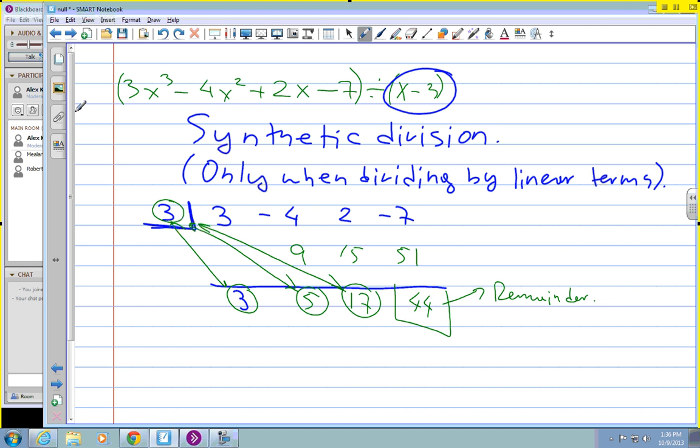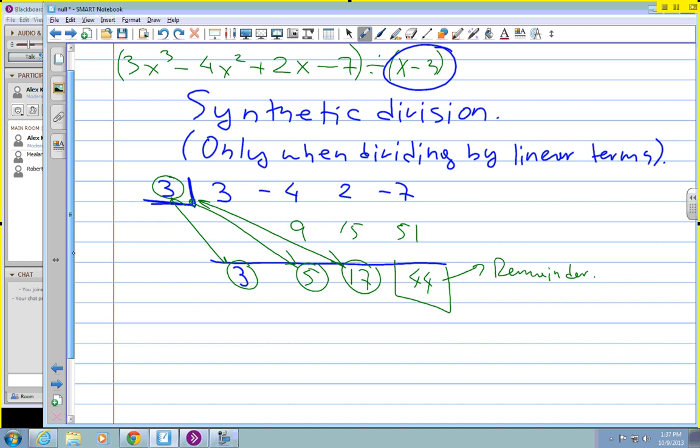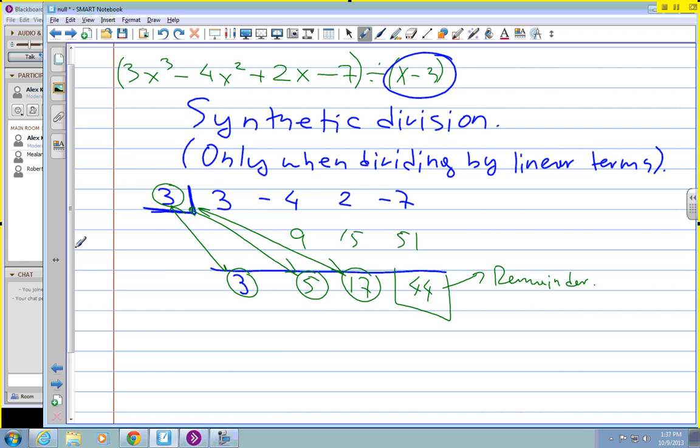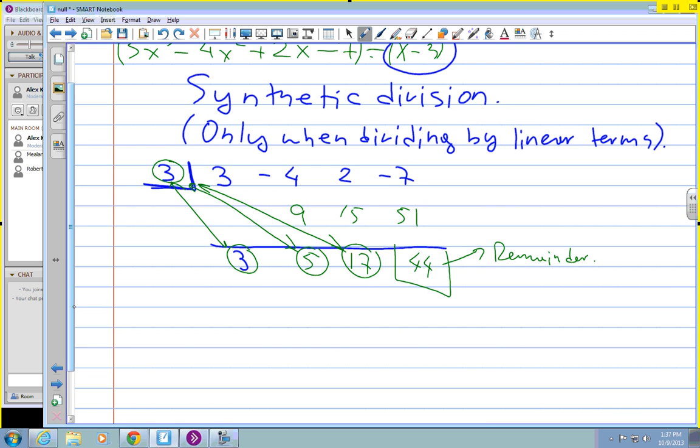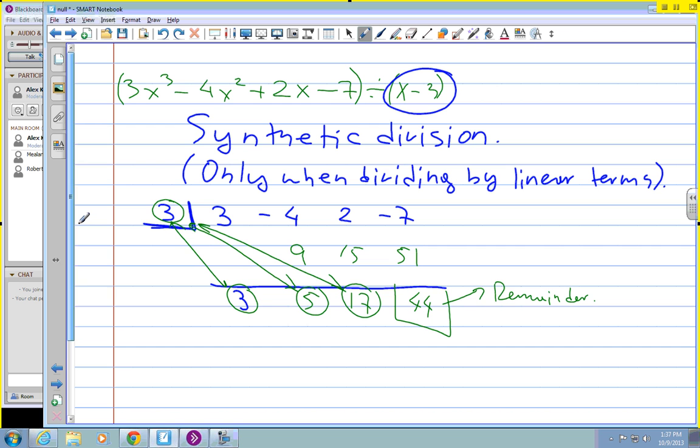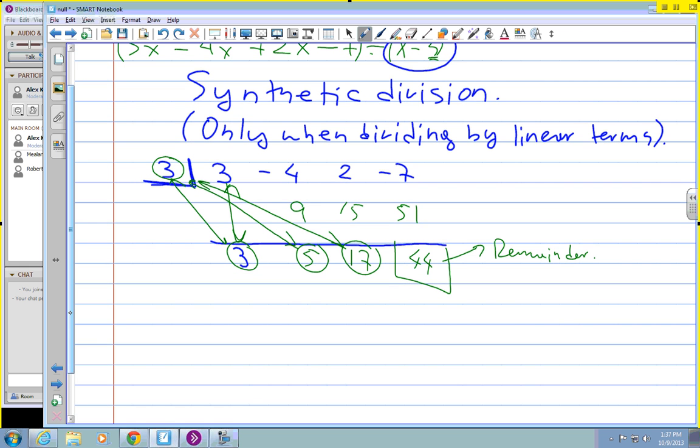Your dividend could be anything, but the divisor has to be in the form x minus some number. So you do the opposite sign in that little window. That number came from my divisor, that 3 right there. That one just drops straight through. And then instead of subtracting when you do the division, you're going to be adding here.